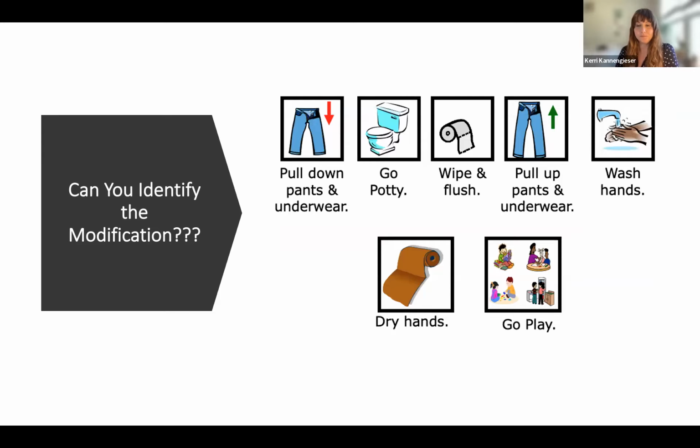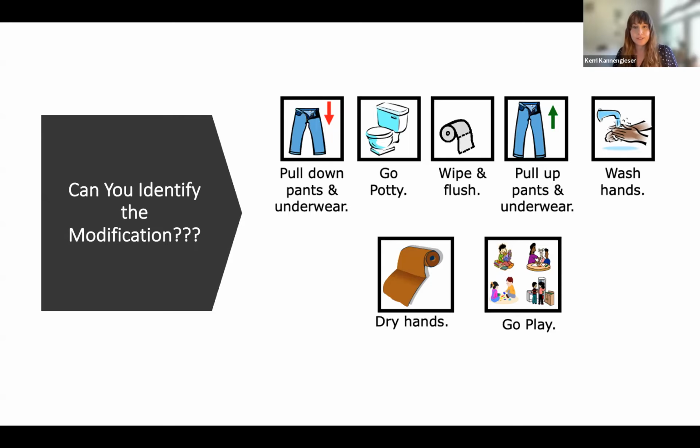How about this one? Yep, I have another visual, so I'm being really clear about what's happening in the environment, but I'm also doing some activity simplification or task analysis for anyone who might need the support of knowing what exactly are the steps when I go to use the bathroom.